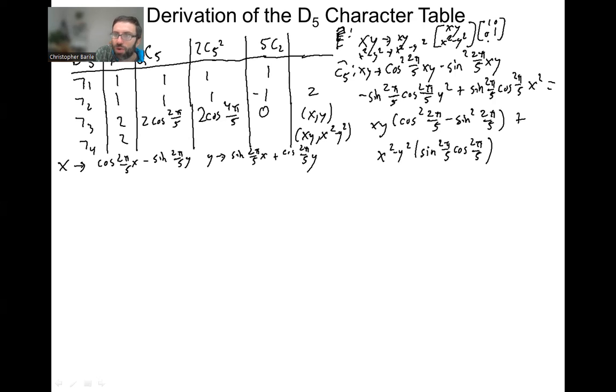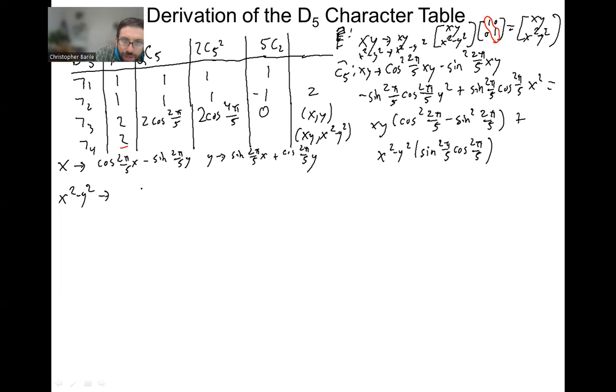It takes xy and x squared minus y squared into xy and x squared minus y squared. And then we take the trace of the matrix, and that gets us chi equals 2 for identity. We have to do the same thing for C5, but we're not there yet because we just figured out how xy transformed. We didn't figure out how x squared minus y squared transforms.